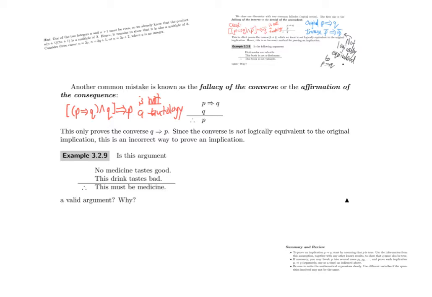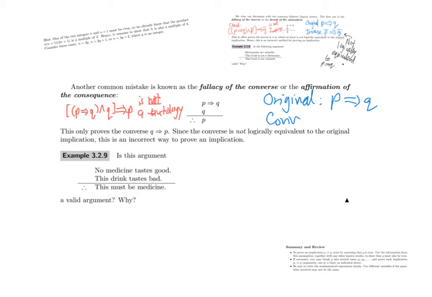What this structure does do is prove the converse, and as we said earlier, if I have the original statement, the converse is not necessarily going to be true.